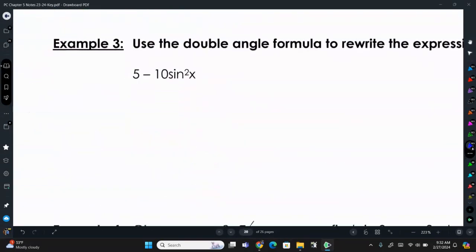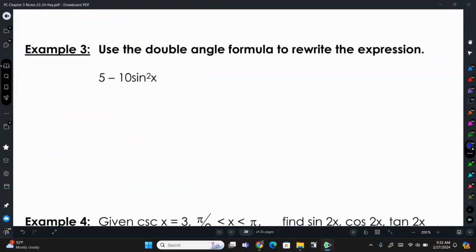All right, now the next page, it says use the double angle formula to rewrite the expression. It says 5 minus 10 sine 2x.